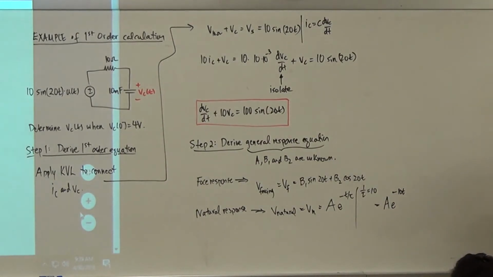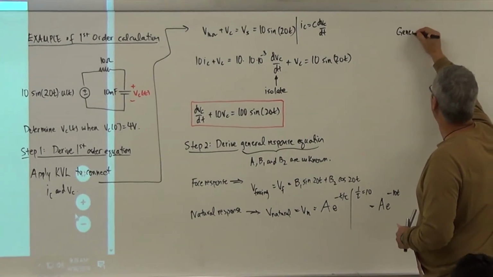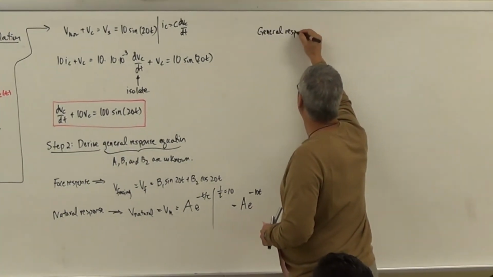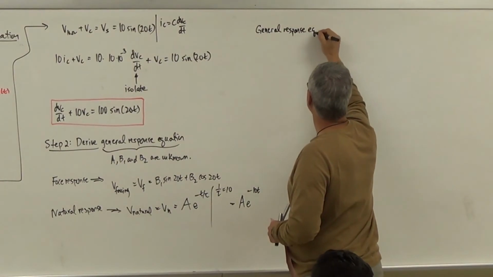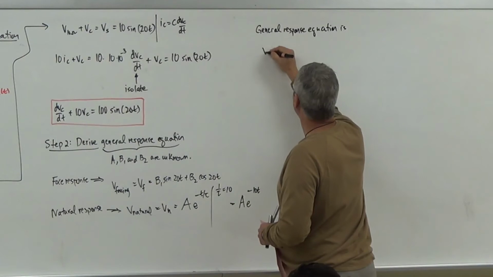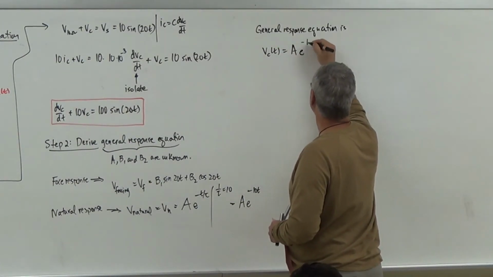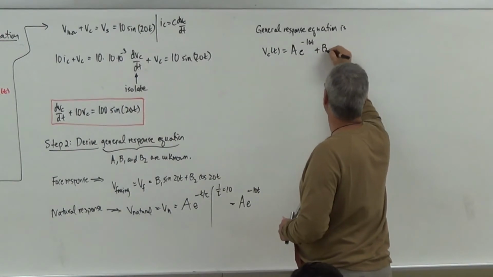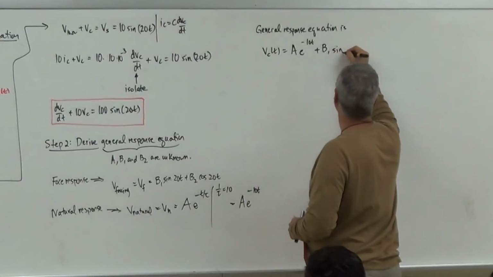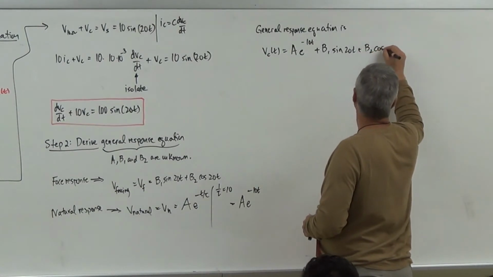So then if I come over here, I could say that my general response equation is Vc of t, so it's got to be A e to the minus 10t plus B1 sine of 20t plus B2 cosine of 20t.